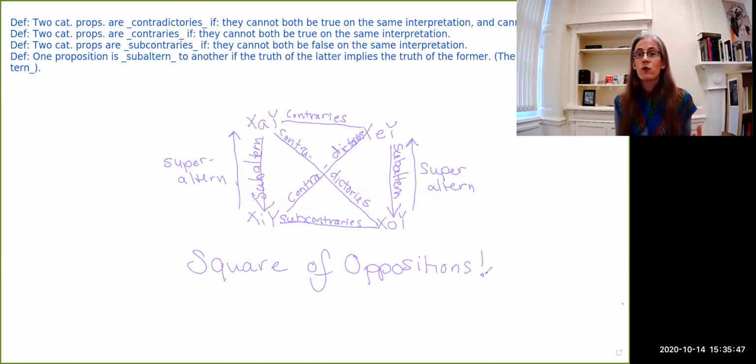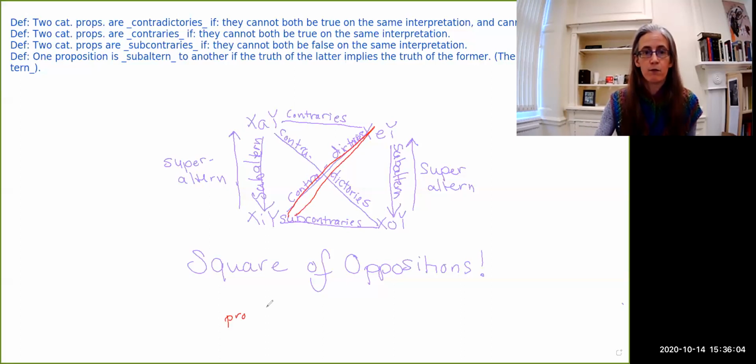So this is why I would like to encourage you all to try to prove some of these things. So the fact that the I claim and the E claim are contradictory, we did that. So you can kind of highlight this one as being proved. All of the other ones are not yet proved, but provable.